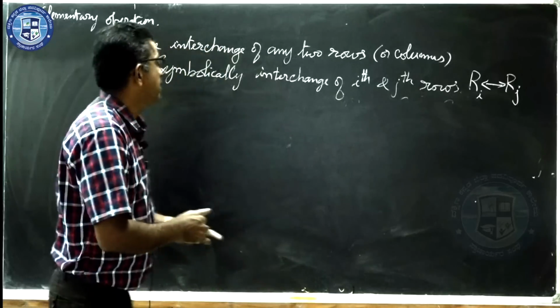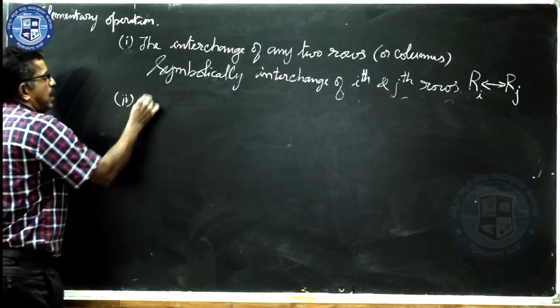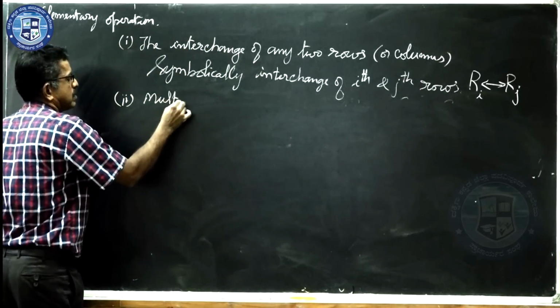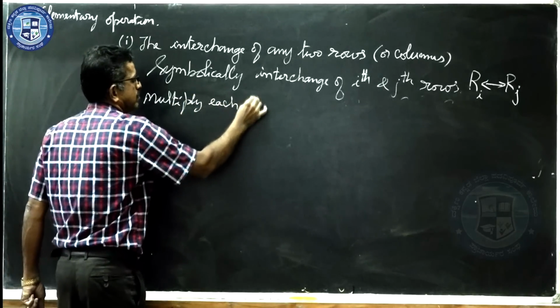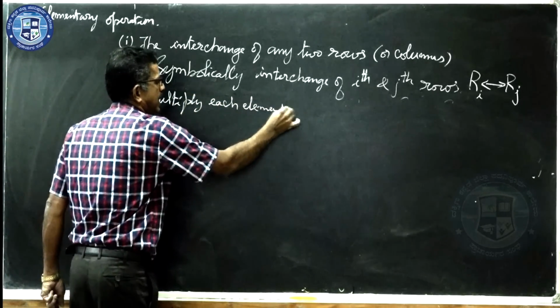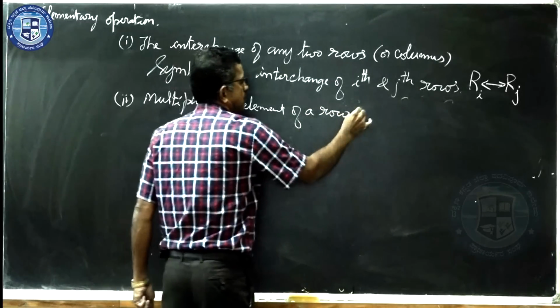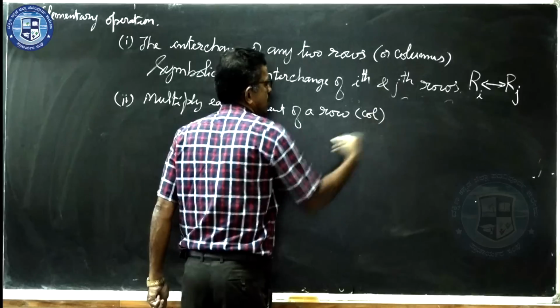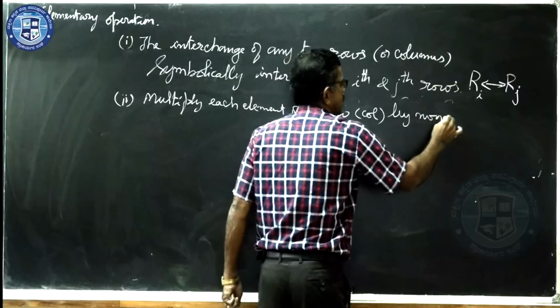How can it be symbolically represented? The second basic operation: multiply each element of a row or column by a non-zero constant.